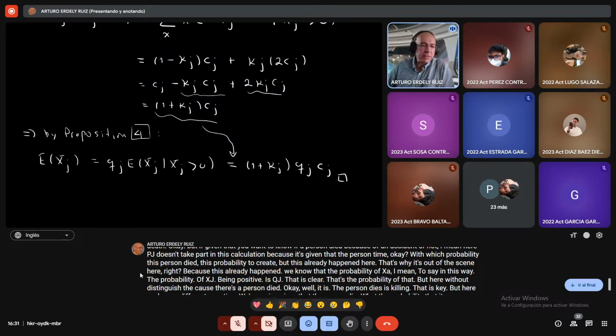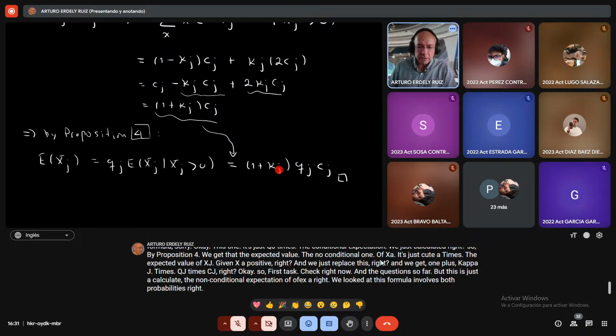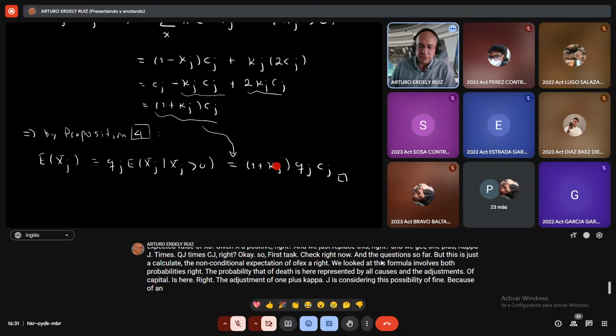But this is just to calculate the non-conditional expectation of xj, right? We see that this formula involves both probabilities. The probability of death is represented by qj, by all causes, and the adjustment of 1 plus kappa j is considering the possibility of dying because of an accident, or not.